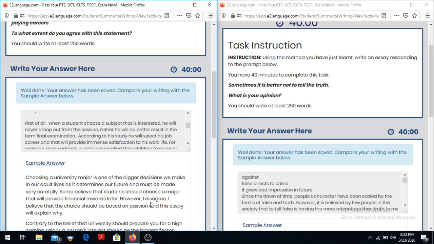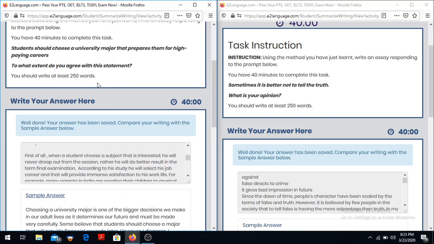However, here is my opinion. I disagree. I believe that the choice should be based on passion, and this essay will explain why. So now you understand that the writer is against the statement that you have to prepare yourself for a high paying career.